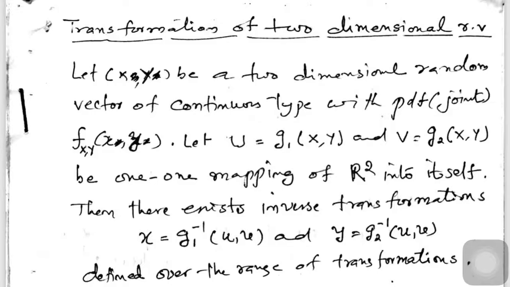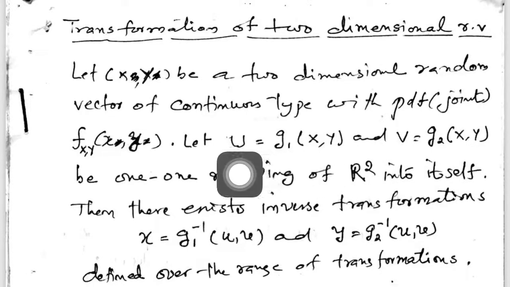Here, in this section, we shall consider the joint distribution of two random variables x and y, and we shall consider some transformation by means of functions g1 and g2 to define new variables u and v.